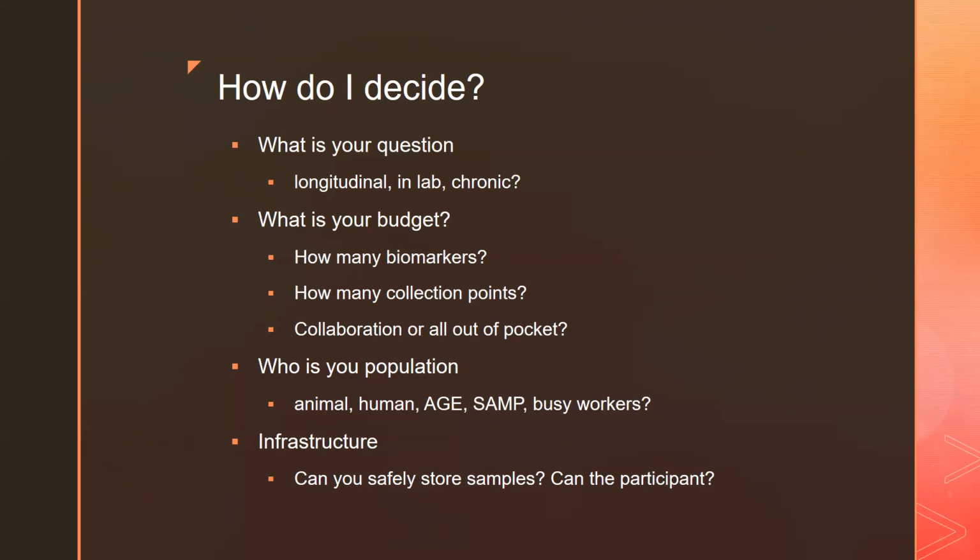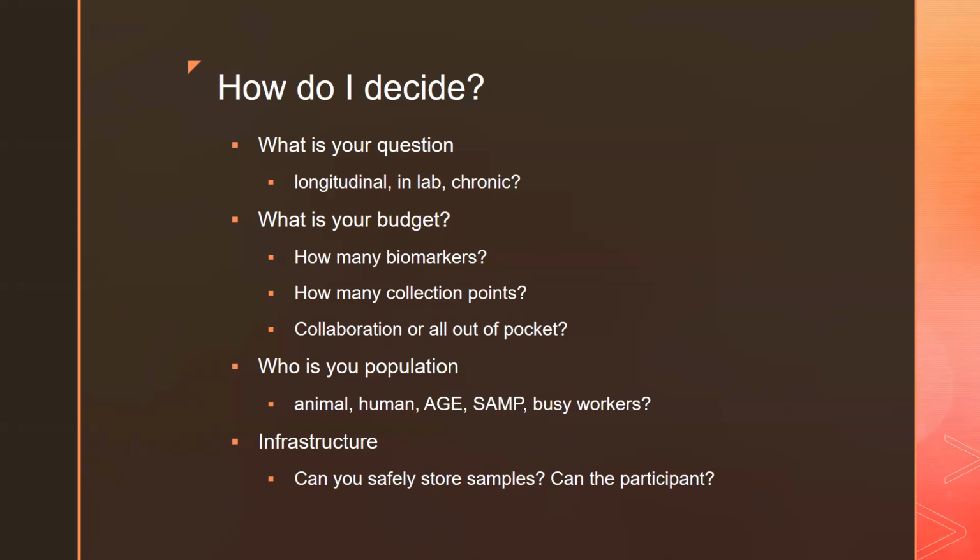So while you might have this grand, wonderful design, can you get that data from somewhere else? Or are you in a situation where you might just be able to look at waking hormones? What's your population? So you might have a lot less restrictions when it comes to animal models as opposed to humans. What's their age? Whenever you're thinking of children and babies, be very, very, very cautious.